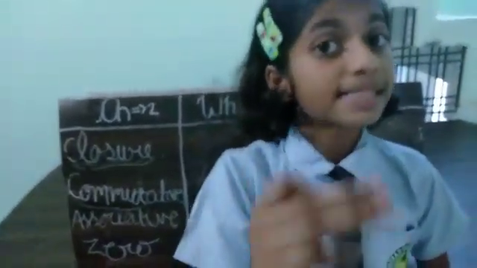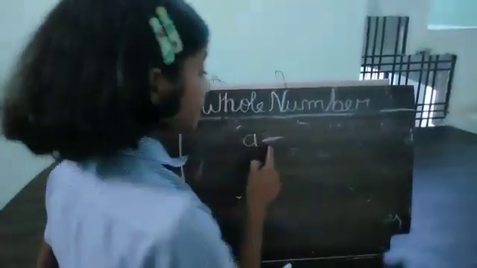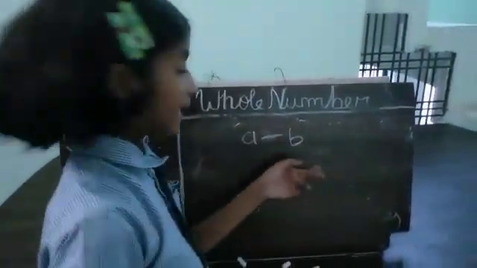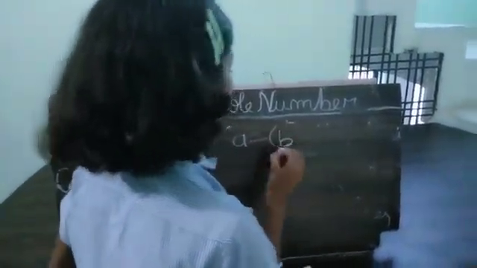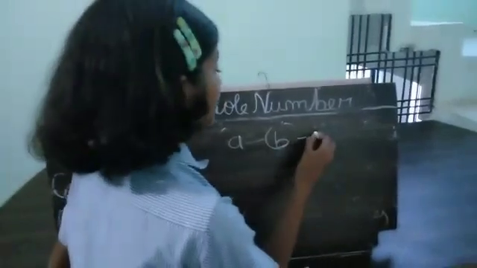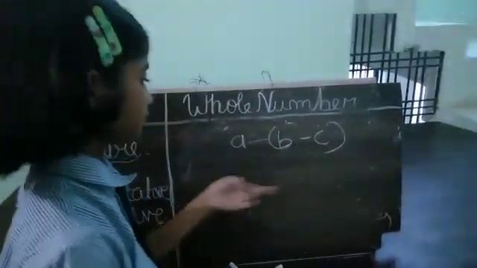Third property. If a, b, c are 3 whole numbers, then a minus b minus c is not the same as a minus bracket b minus c.